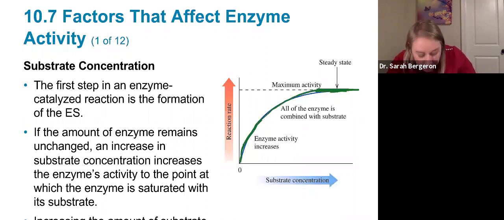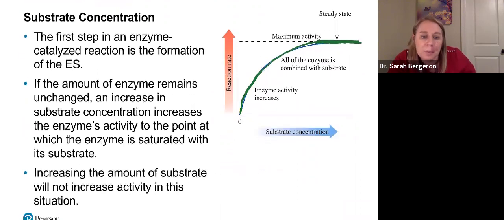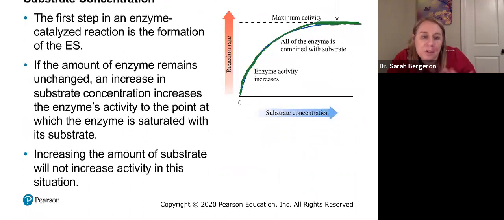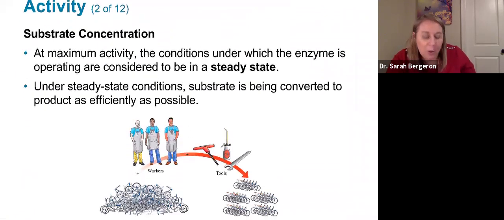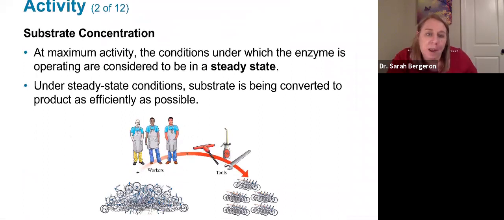And you get to that saturation point, and no matter how much more substrate you add, it won't change it. But there's a big range where it will. So after that maximum activity, we get to steady state conditions. And at steady state conditions, our substrate's being converted to product as efficiently as possible.